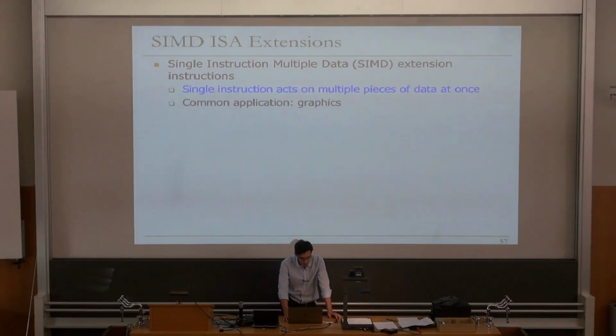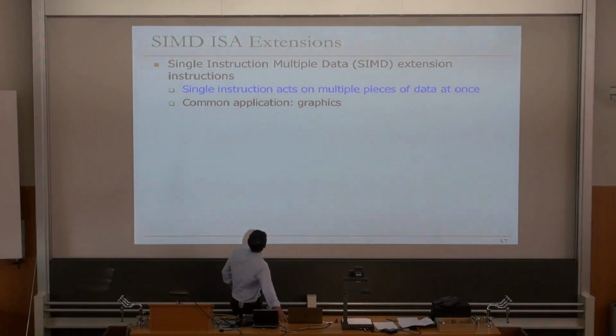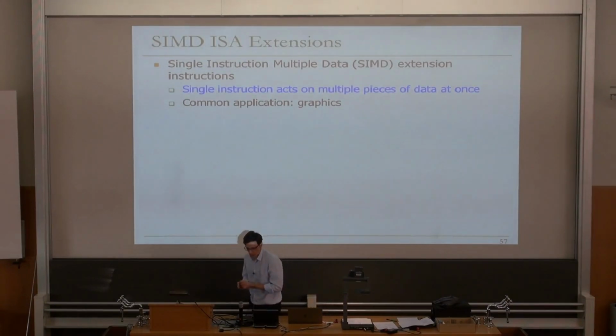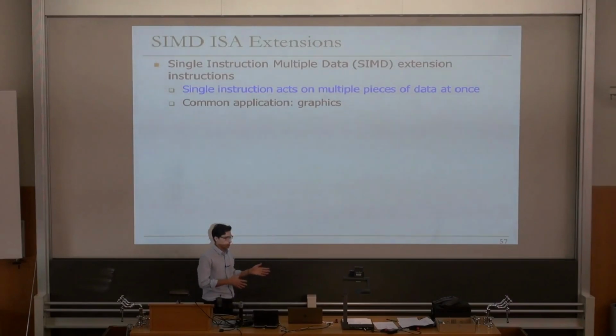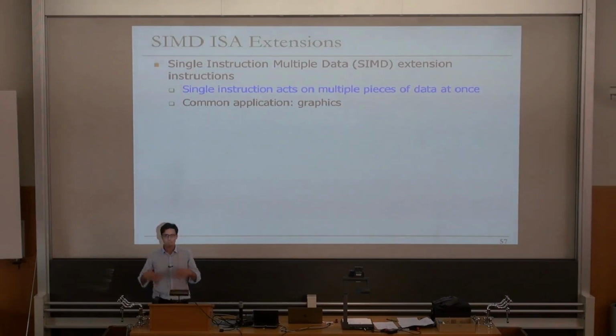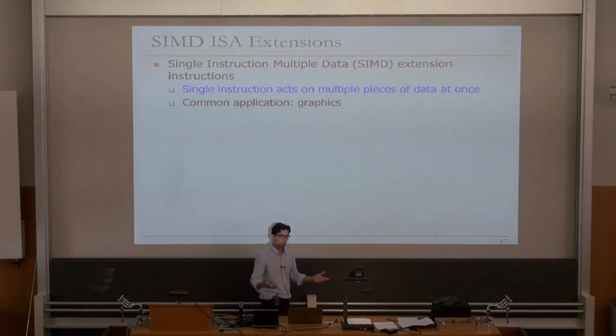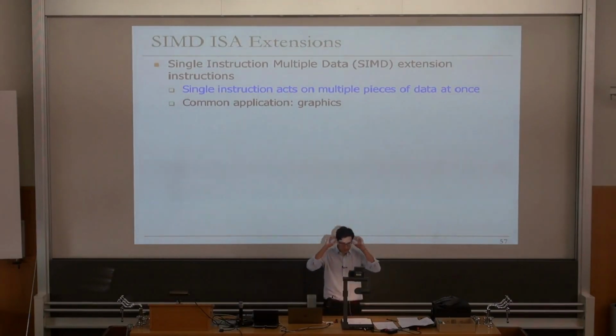So, what the Intel engineers noticed is that there were many applications that could benefit from some form of SIMD processing. In particular, in the 90s, graphic processing and image processing started to become mainstream, widely used, and that's why they decided to include these ISA extensions.